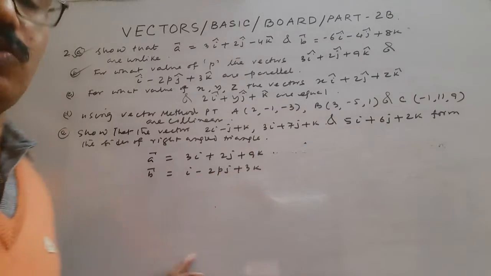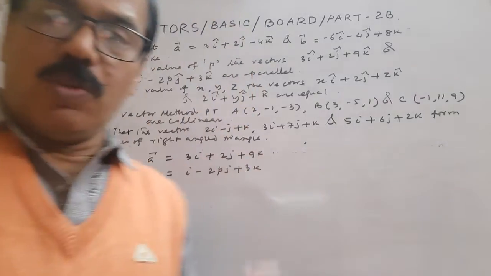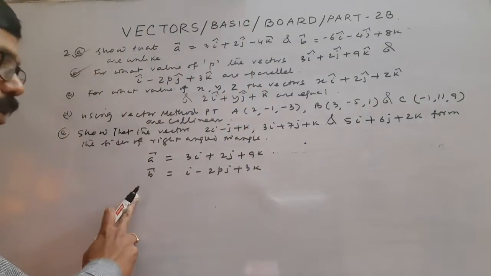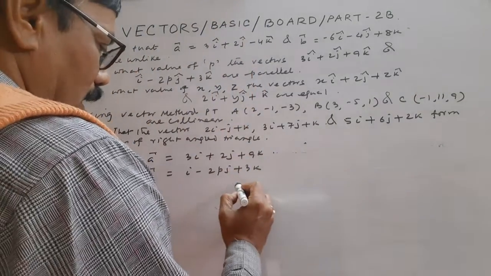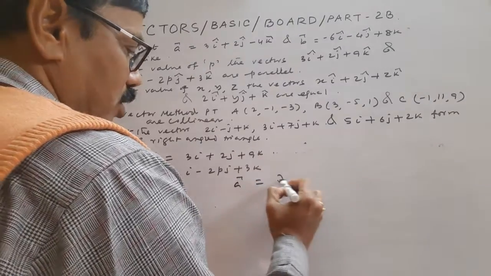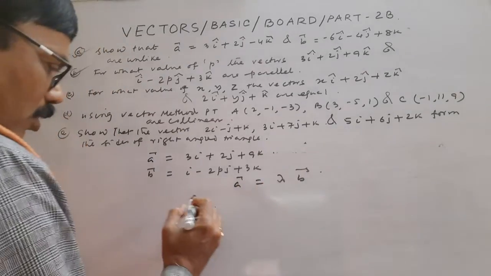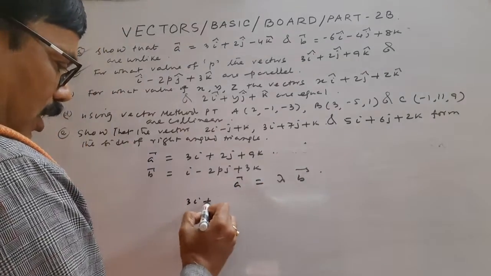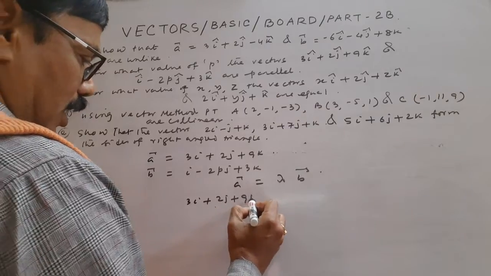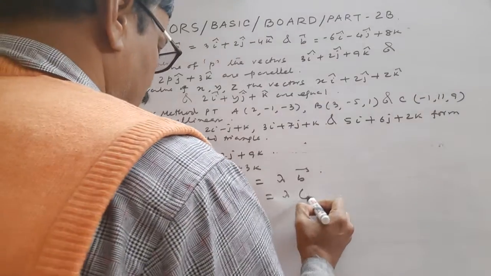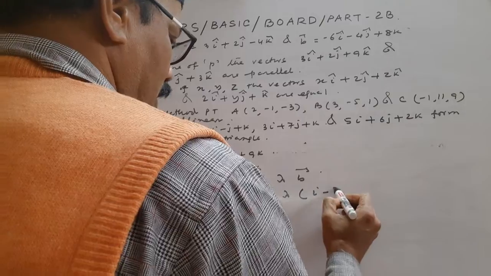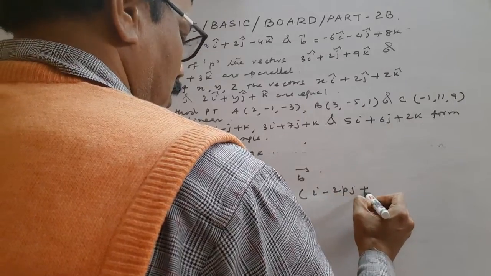We know that two vectors A and B are collinear or parallel if one vector can be expressed as a scalar multiple of the other. So 3i plus 2j plus 9k equals lambda into (i minus 2pj plus 3k).